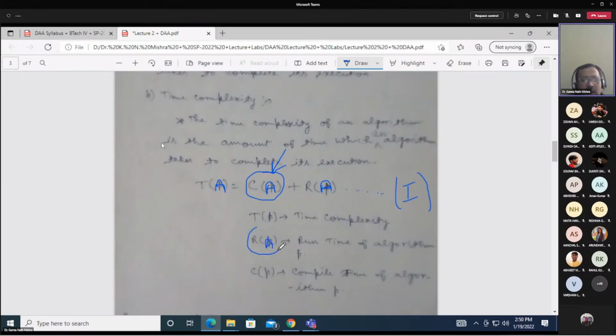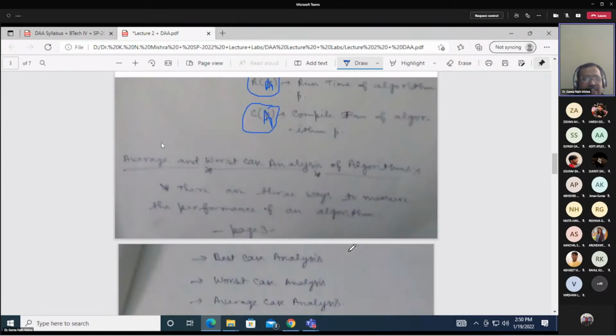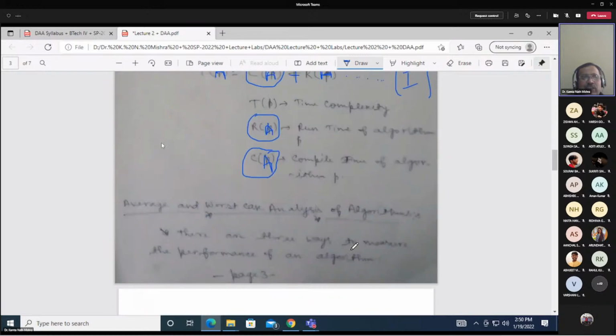RA is the amount of time taken by the program or amount of time taken by the algorithm at the time of its execution, runtime. And if you add them together, that will be the time complexity. So how will you define time complexity? How will you define time complexity of an algorithm?